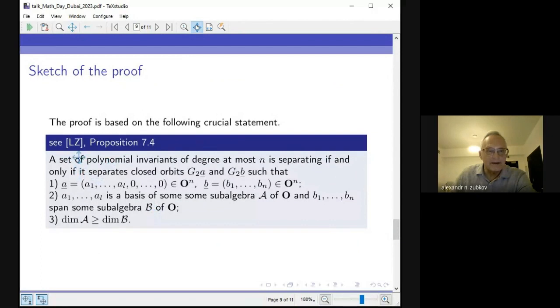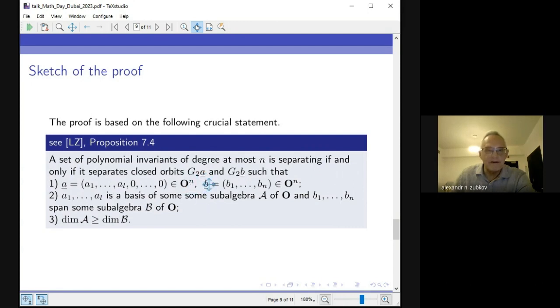The set of polynomial invariants of degree at most n is separating, I'm talking about the vector invariants of octonions, of course, if and only if this set separates the closed orbits of very specific form.